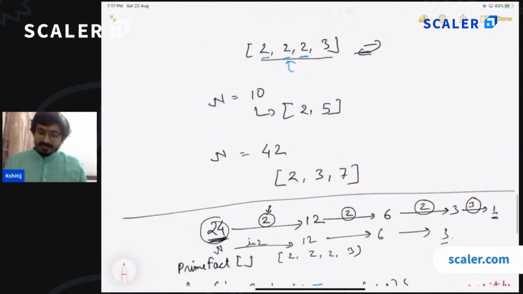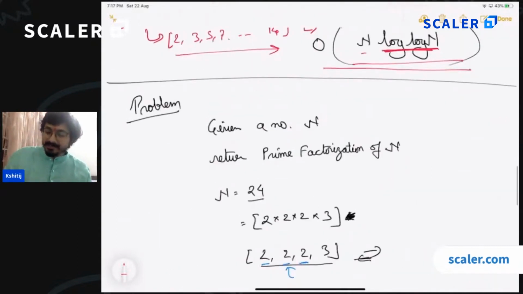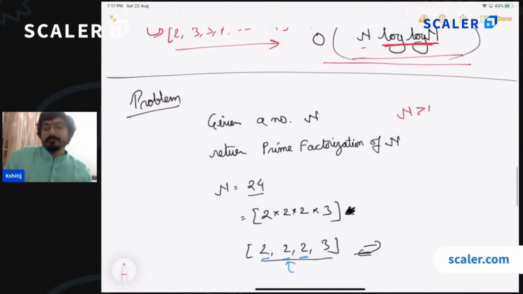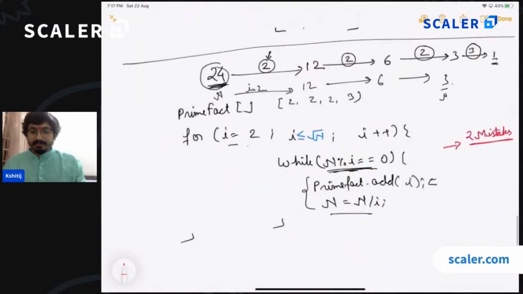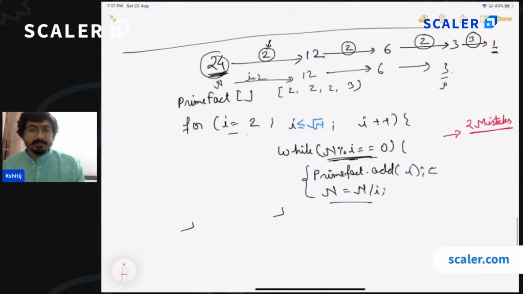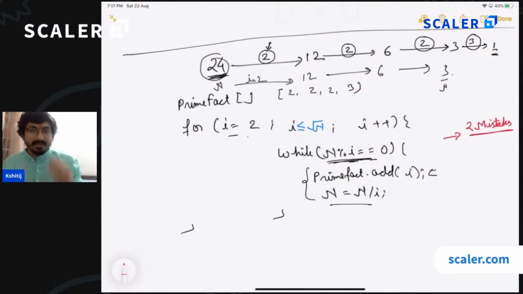Yes, so this is guaranteed in the input that n will always be greater than 1, because even the person who is asking the question knows that 0 and 1 are not eligible for this question. Okay, right. So I can see that one of the mistakes has been pointed out. The other mistake no one is able to guess.